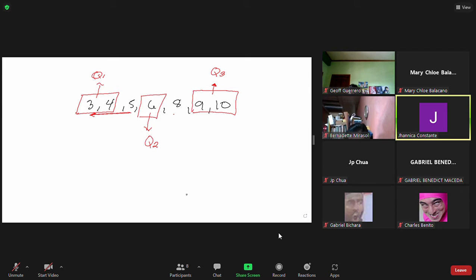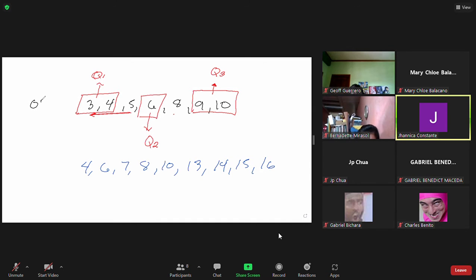But if you have an even number remaining on each side, after you identify the middle or your quartile 2, for example, you have 4, 6, 7, 8, 10. For example, this is the set of data that we have.